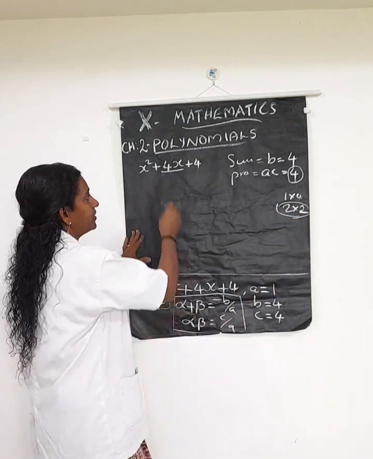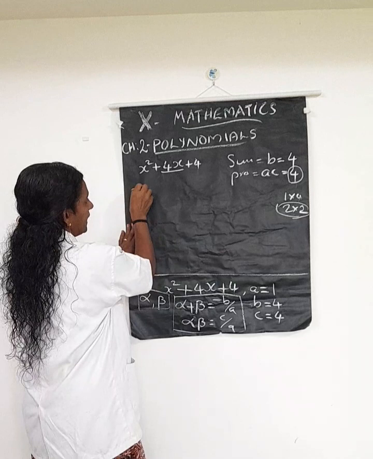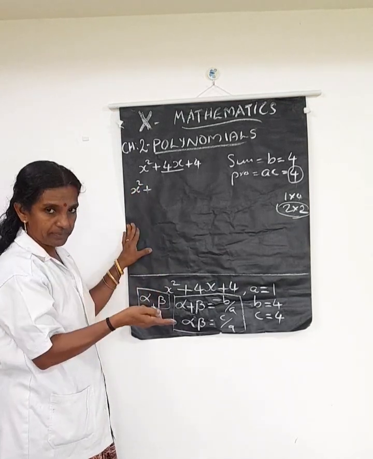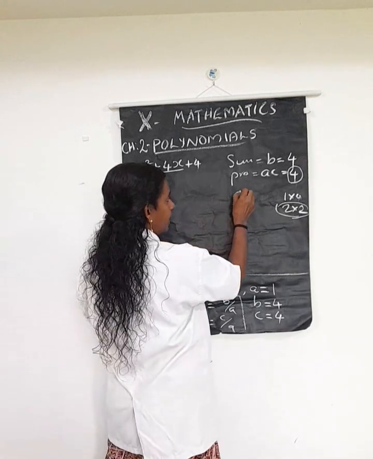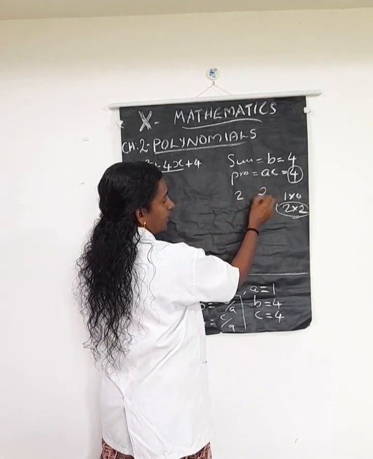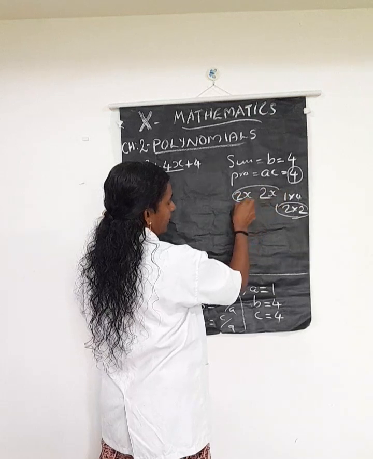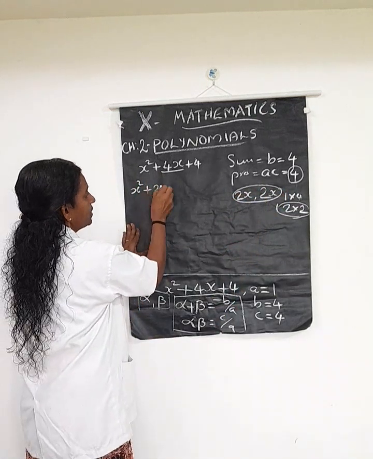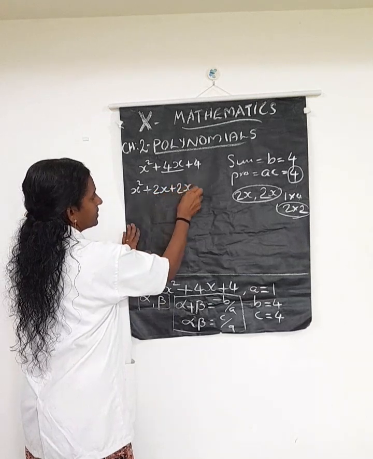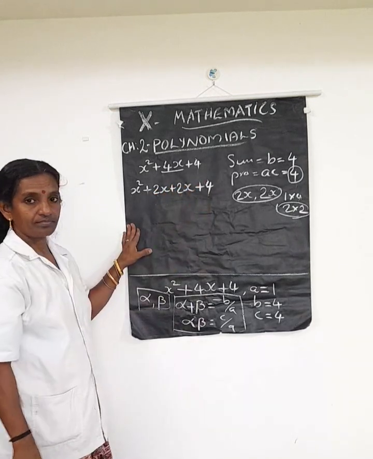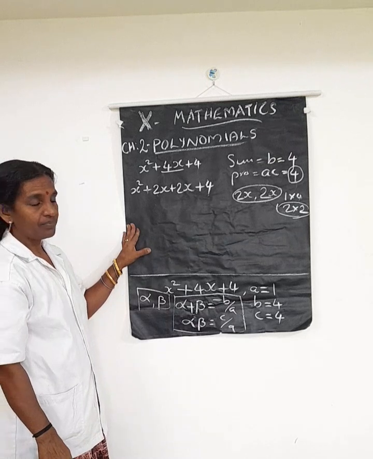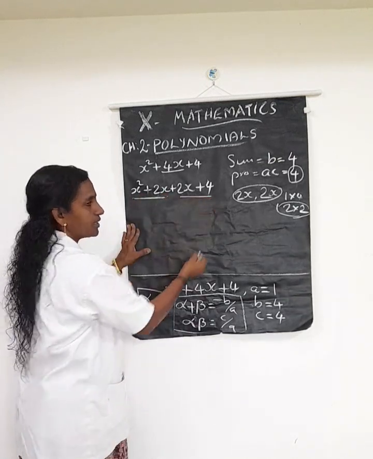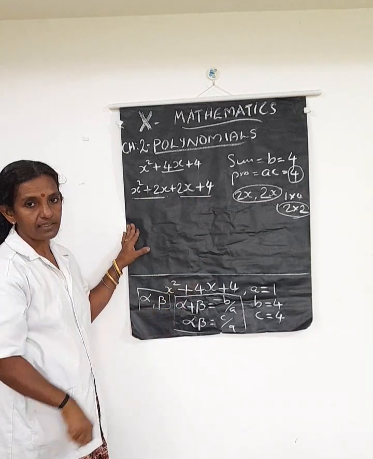And here we can split x square plus middle term 4x by using the 2 numbers you got. Here 2 and 2 means 2x and 2x. The 2 terms 2x and 2x we are writing: x square plus 2x plus 2x plus 4. Understand? Now, from the first 2 terms and from the last 2 terms, we are taking common factors out.